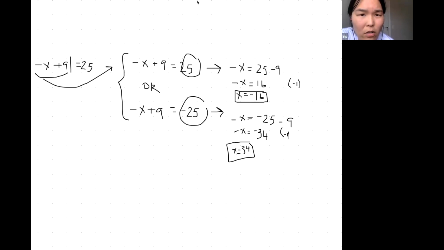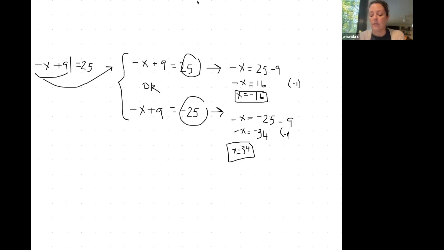Amanda has a question. I did this as you were doing it, but I got the same answers in a different way. Instead of changing the sign on the 25, I did negative x plus 9 equals 25, and then x minus 9 equals 25, so I just changed the signs within the absolute value instead of changing the sign on the answer.